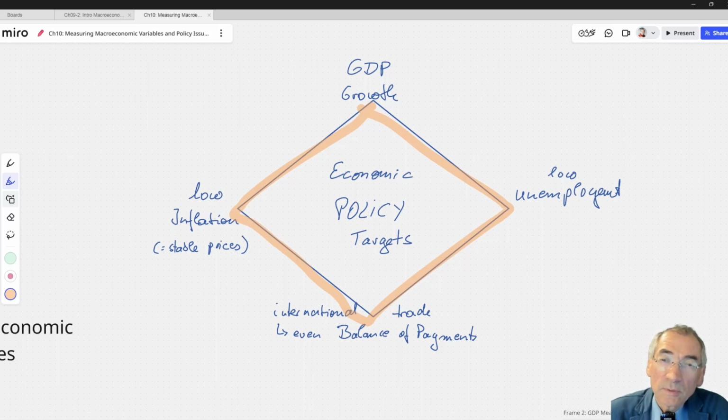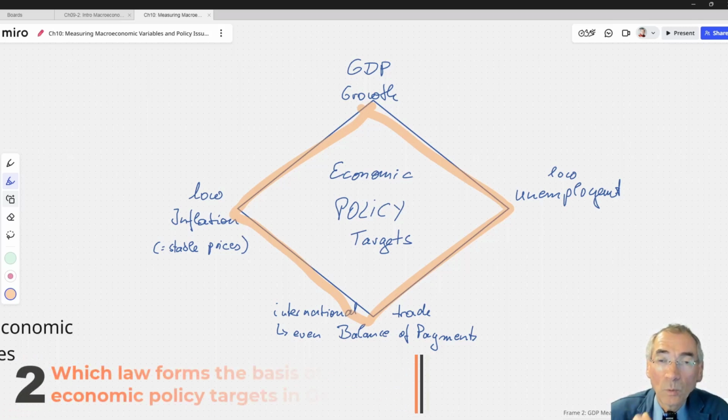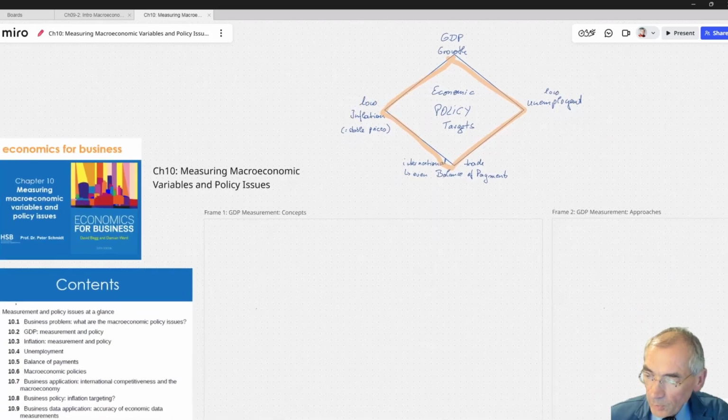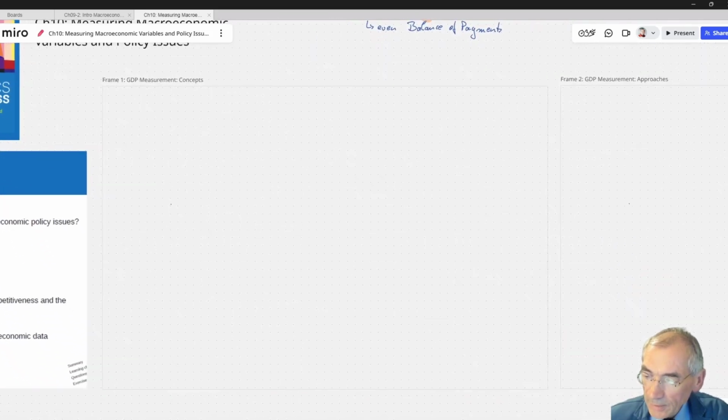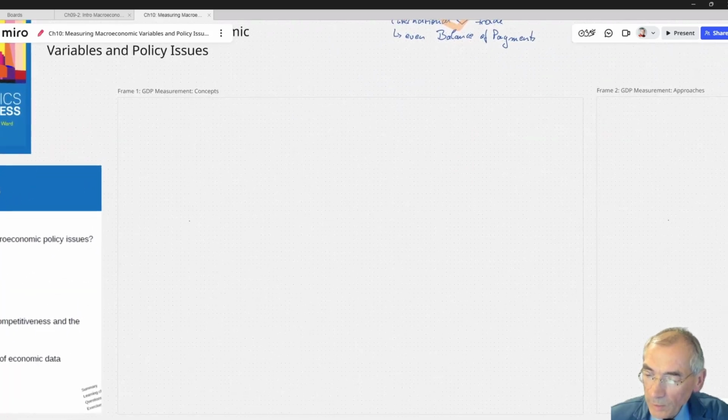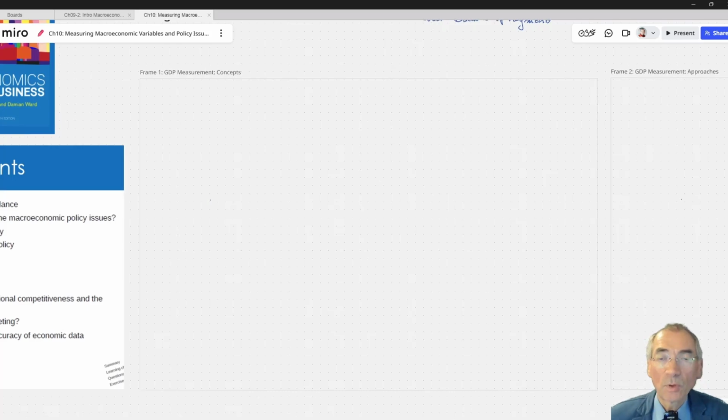But number 2, in Germany, in fact, these 4 targets of economic policy have a specific rank because they are also in a law, in one of the foundation laws of the German economic constitution, we could say. We're not going to talk about this now more intensively. This is a task for you in class, but please keep this in mind. That would be the step 1 before we start talking about the different measurement concepts.